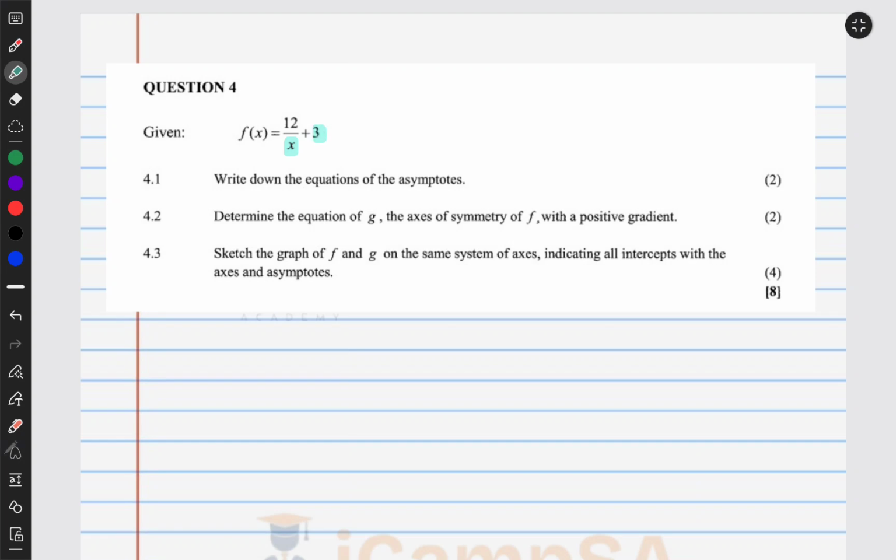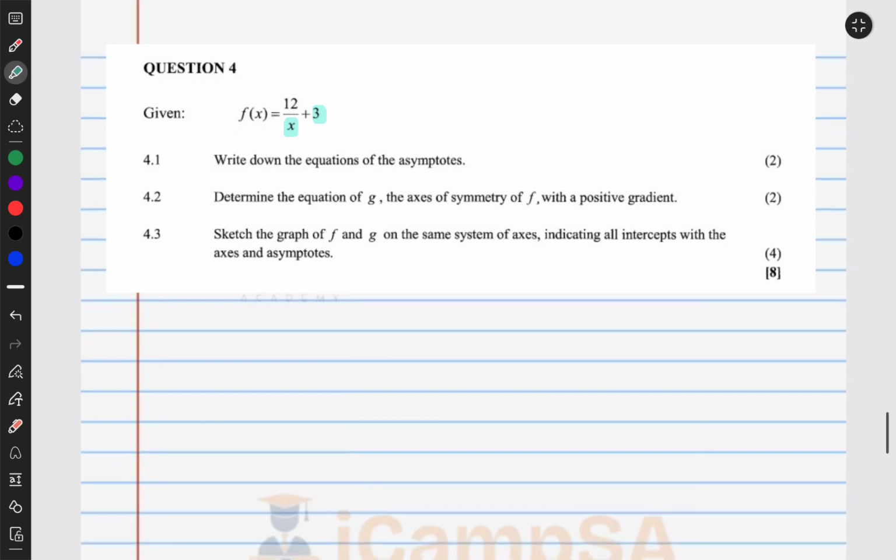The value of 3 is our horizontal asymptote. We also see that 12 over x is positive, so the branches of the function are going to be in which quadrants? Quadrants 1 and 3.